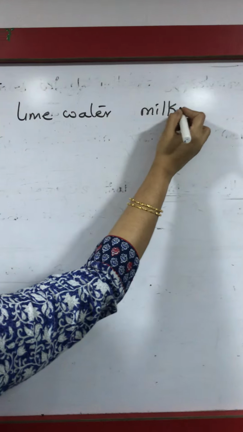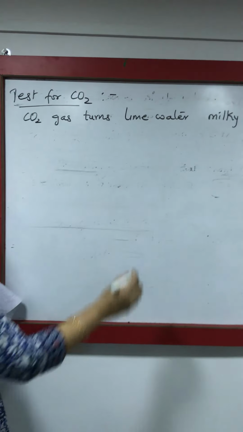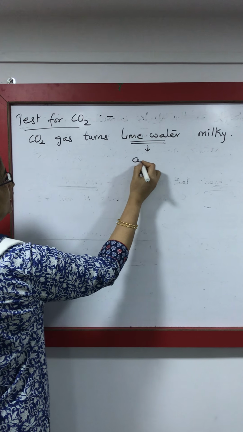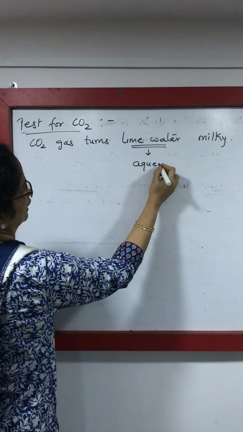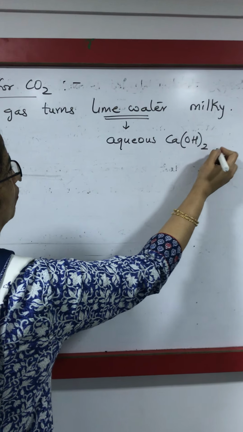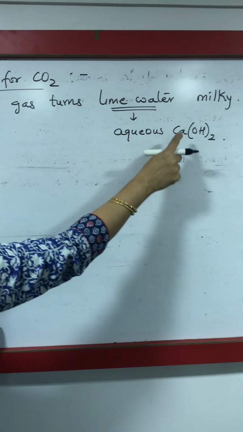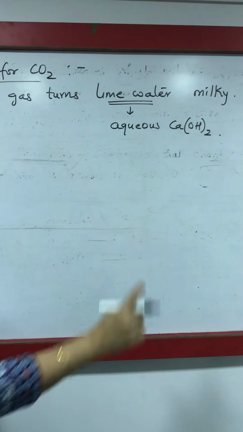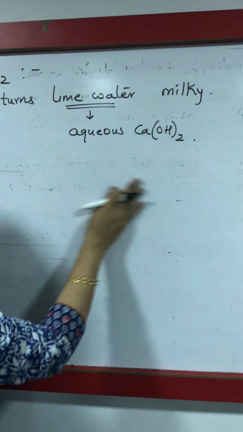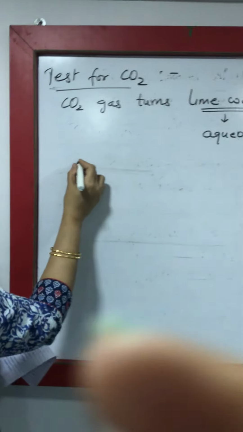This is to find out whether the given gas is carbon dioxide. Now lime water is nothing but a solution of calcium hydroxide. When we pass carbon dioxide into lime water, the lime water which is transparent will turn milky. Now let us understand why the lime water turns milky.